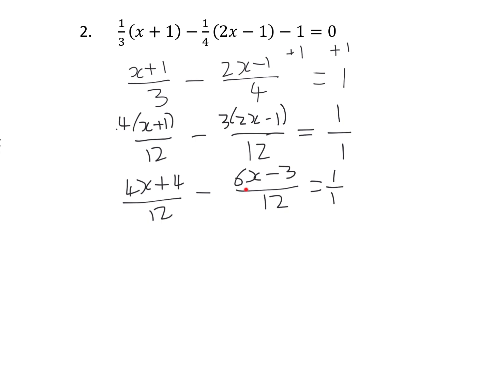We then want to subtract the fractions, but we get our common denominator. 12, we'd have the 4x plus 4. We're taking away that 6x. And then we're also going to take away the minus 3. So if you take away the minus 3, you're going to add 3. That's equal to 1 over 1.